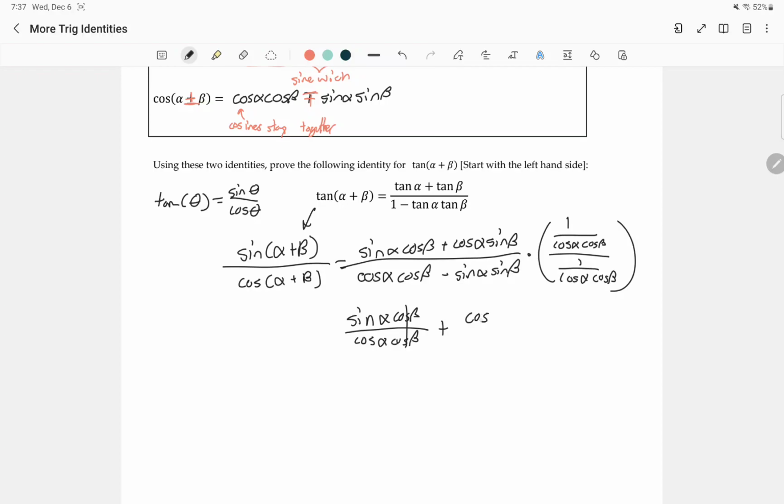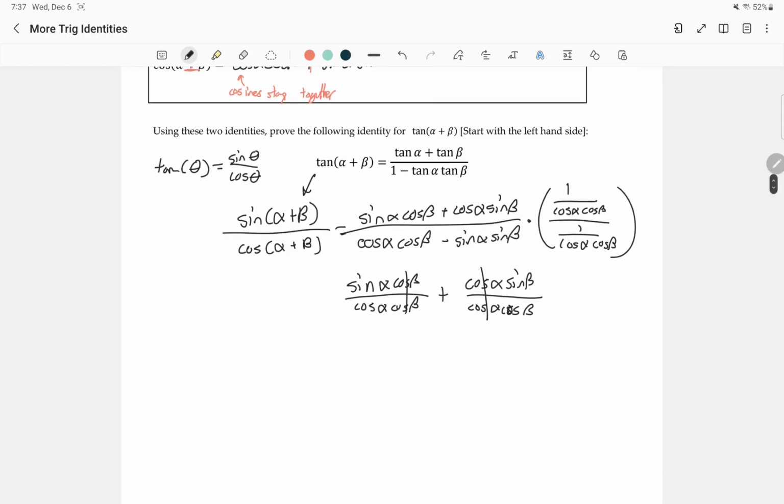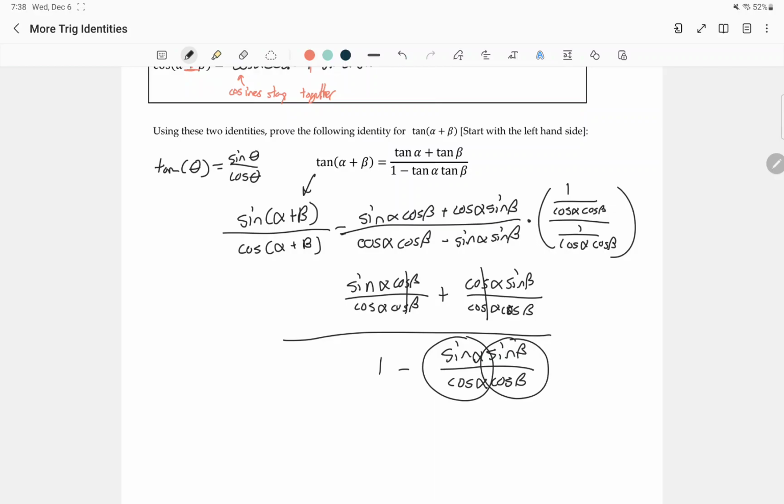Plus cosine alpha sine beta over cosine alpha cosine beta. Notice how these will cancel. Over, if we divide this by itself, it's going to be 1, right? So we're going to get the 1 right off the bat. And then sine alpha sine beta over cosine alpha cosine beta. Notice how we have tangent alpha tangent beta.